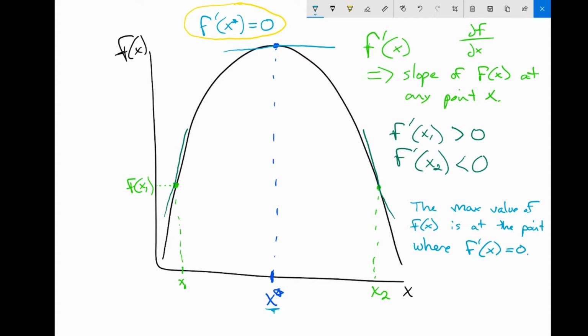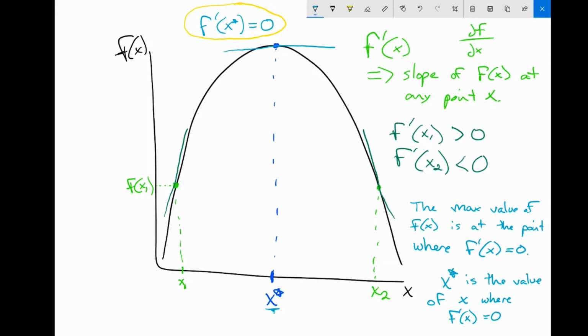So here's a really important point. This is where the function f of x reaches its maximum, at the point at which f prime of x equals 0. That means that x star is the value of x where the derivative of f of x equals 0.